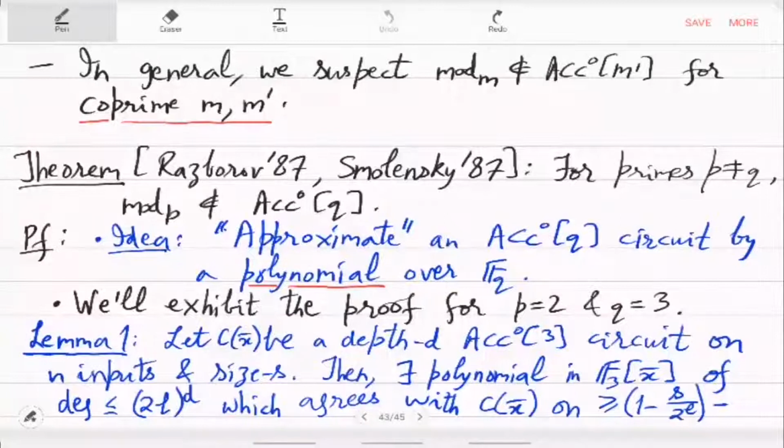The first lemma says that an ACC0(3) circuit can be captured or reduced to a polynomial of low degree, where the degree is (2l) raised to d, d being the depth of the circuit, which will approximate the circuit. So it's an approximator on a good fraction of inputs.